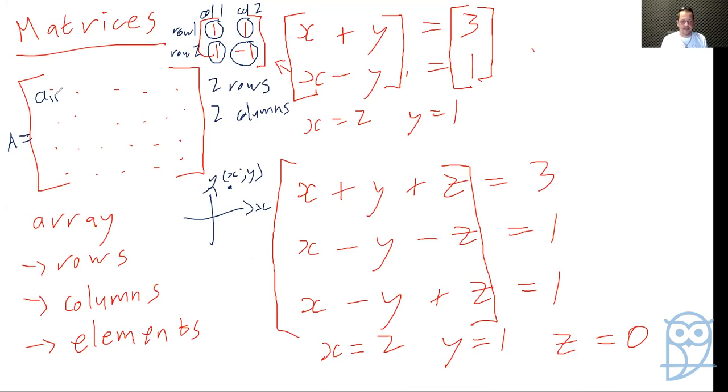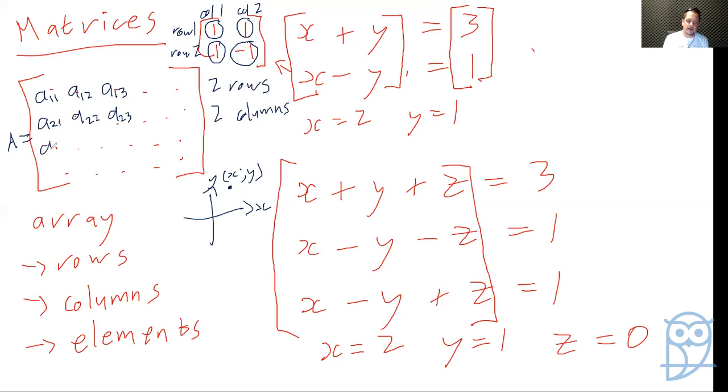All right. Then if we keep going along here, I'm still in my first row, but I'm now in my second column. I'm still in my first row, I'm in my third column. But if you go down, I'm now in my second row and my first column. Second row, second column. Second row, third column.